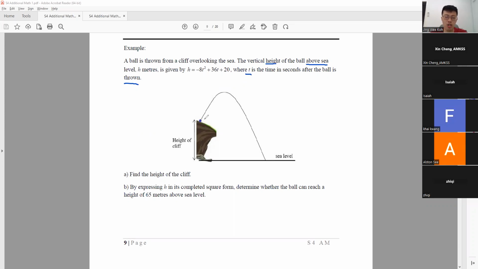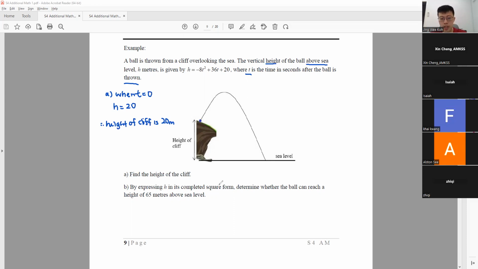So before it's launched, t is 0. So what you need to do for part A is as simple as when t is 0, my h will be 20. So the height of the cliff is 20 meters. That's all. Because the ball hasn't been thrown yet, your t is 0.